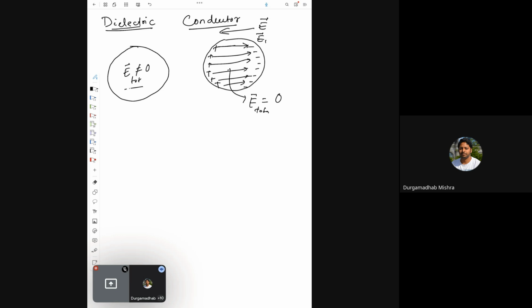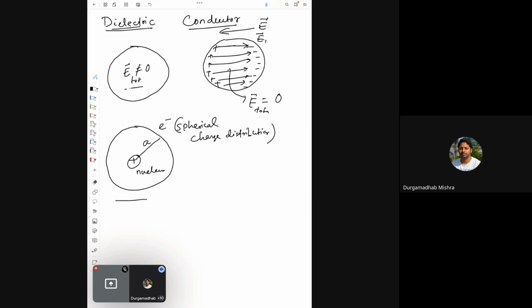So in an atom, you have a nucleus, and then you have electrons. It is like a charge cloud, so to say, which has a spherical charge distribution, let's say. So you have a very symmetric, spherical charge distribution, a charge cloud of electrons which surrounds your nucleus. Now it has a radius, for example, a.